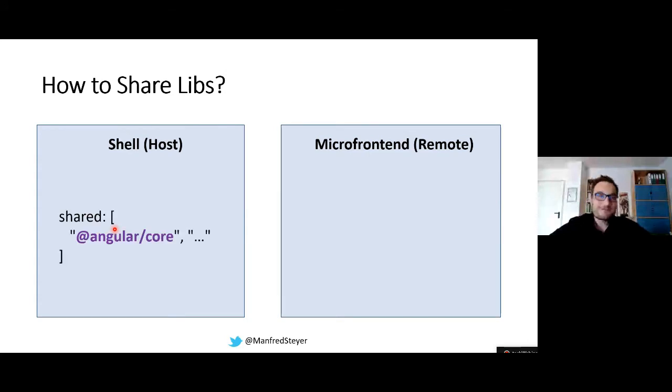You just need to put the libs you want to share into the configuration of the shell and the microfrontend. In this case, I'm sharing Angular core. That means the microfrontend would not come with its own Angular core. It would reuse the Angular core loaded by the shell. This was what we have seen before, and it's really that simple.